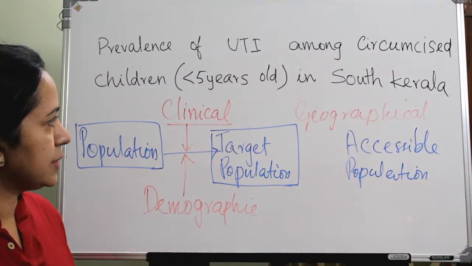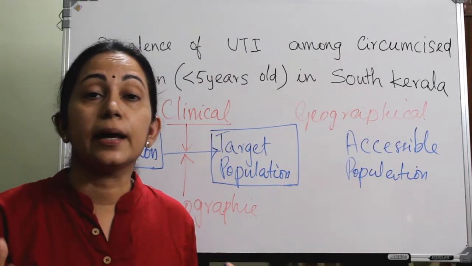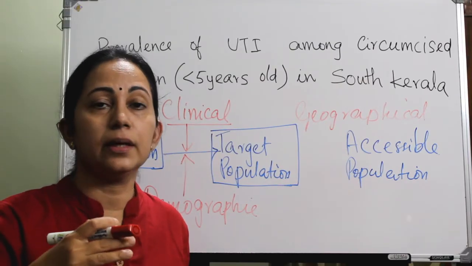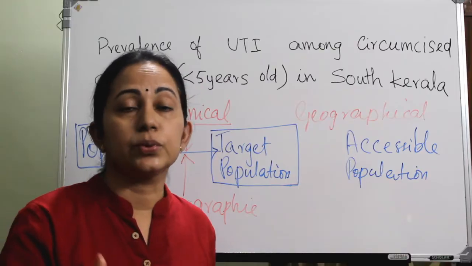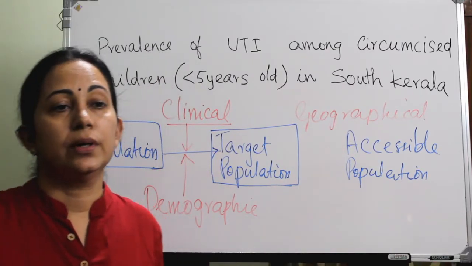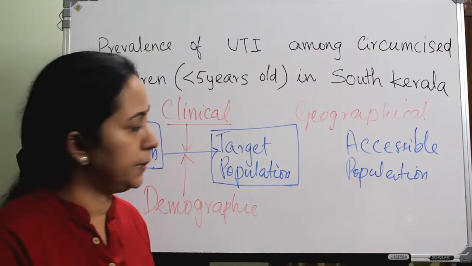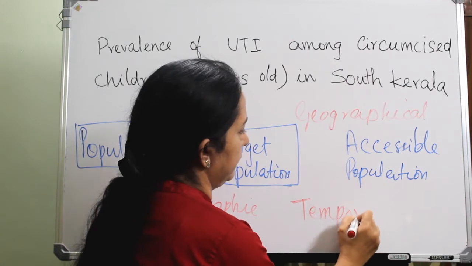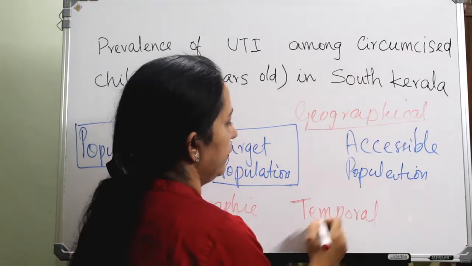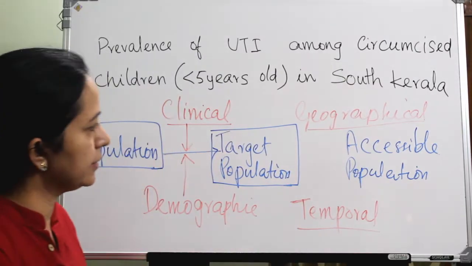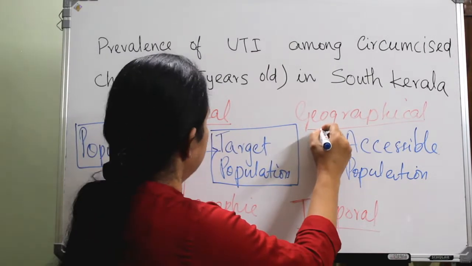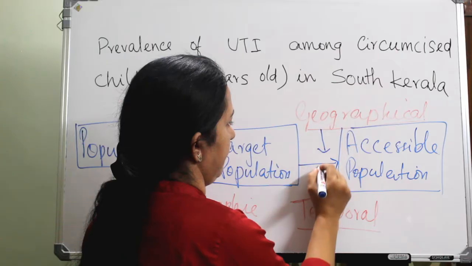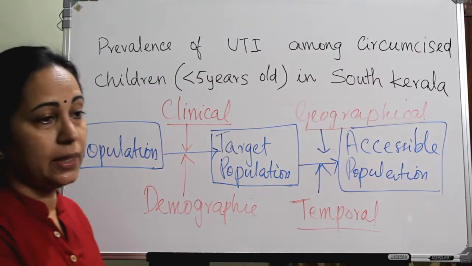And also a time frame, maybe from December 2021 to December 2022, or a one-year period. That is the temporal character. So these geographical and temporal characters are included, and it becomes the accessible population.